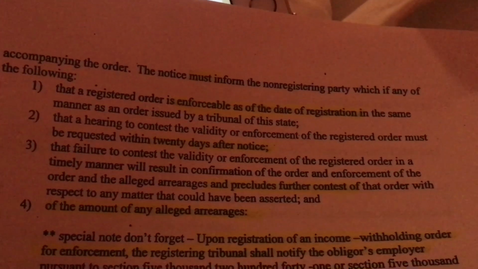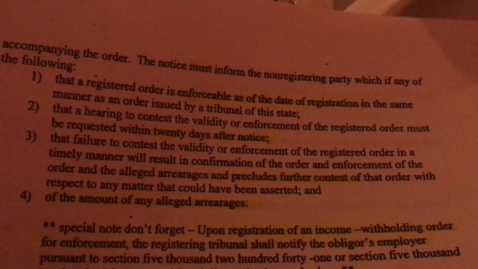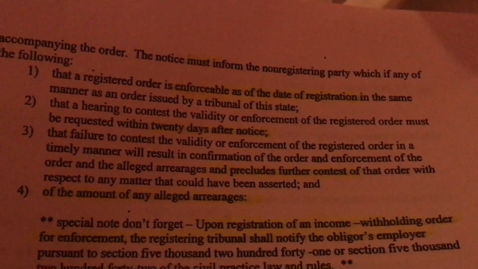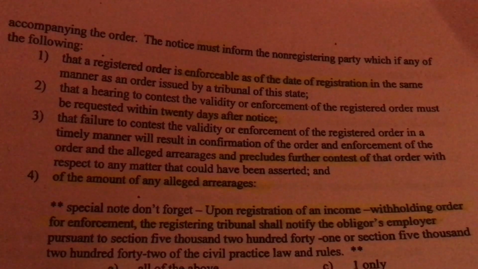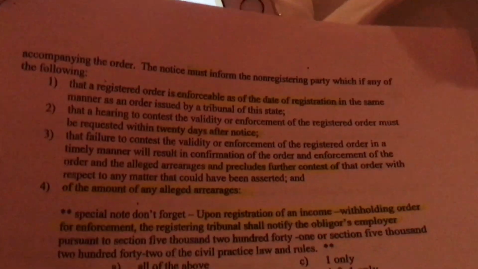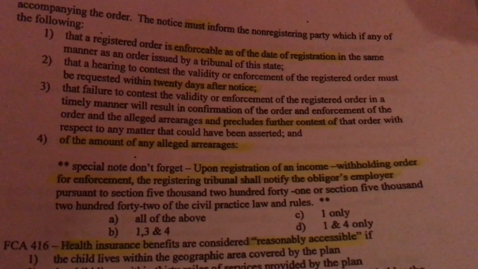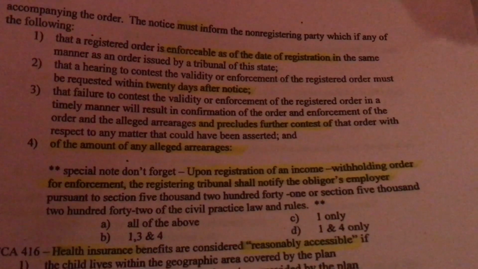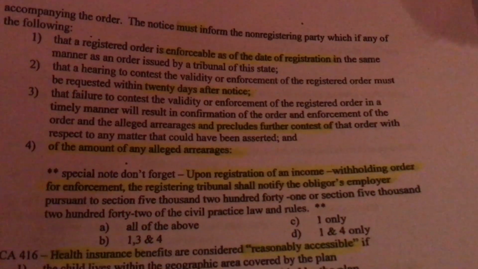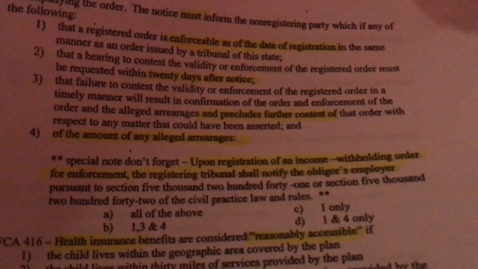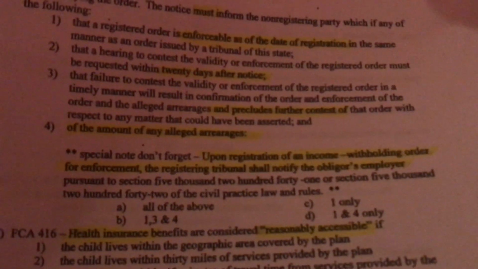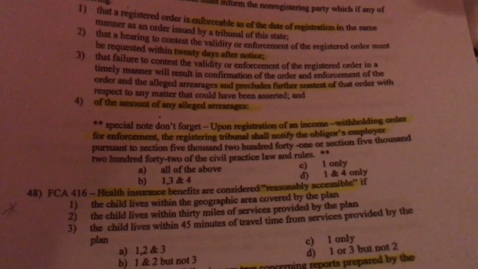You must contest the validity within 20 days. Failure to contest precludes further contest of the order, and the amount of any alleged arrearages. Don't forget, upon registration of an income withholding order for enforcement, the registering tribunal shall notify the obligor's employer pursuant to 5241 of the CPLR. Okay, so 47, I just did.